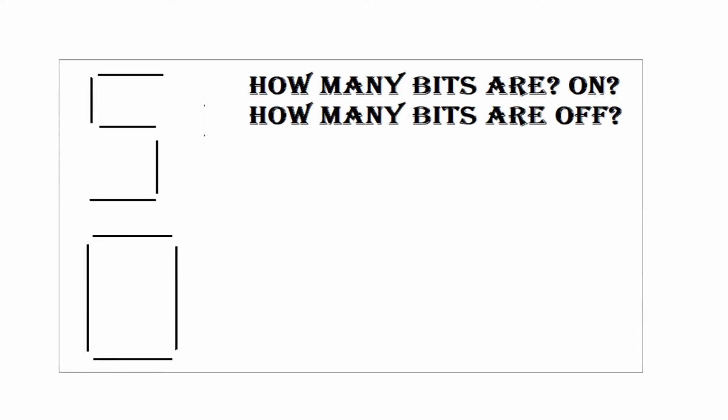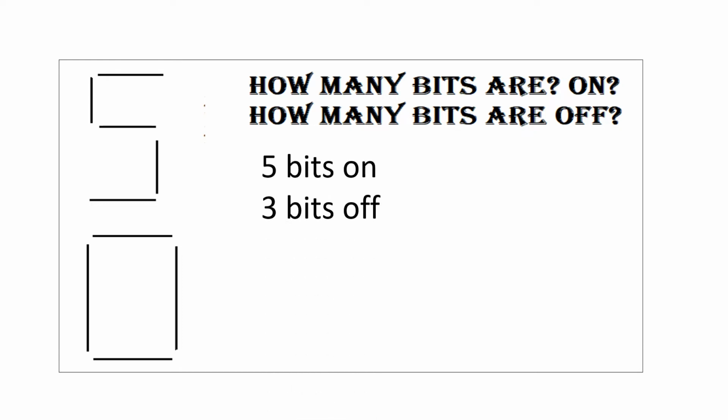Let's see how many bits are on and how many bits are off. For character number 5, how many bits are on? So we have 1, 2, 3, 4, 5. These are all equivalent to 1 because they are on. They are all visible.